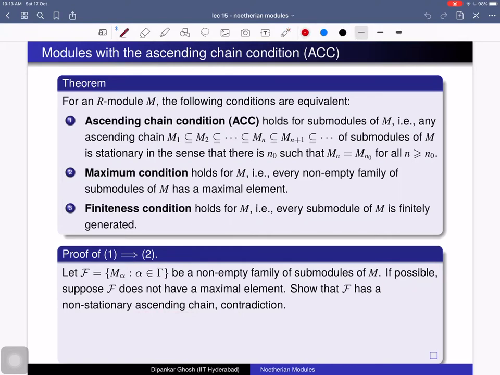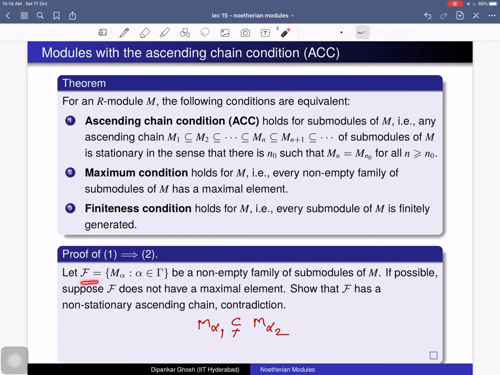So how to do that? Since this family is non-empty, we have at least one module in this family, M alpha 1. This is not maximal. Since we have assumed that F does not have a maximal element, in particular this is not a maximal element of F, therefore there exists some M alpha 2, something bigger than M alpha 1 in this family.